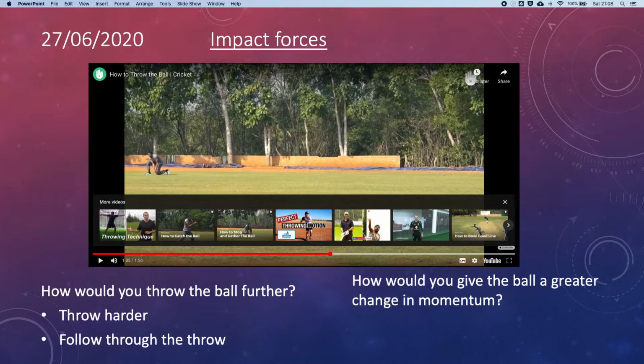Well, throw harder, more force, a bigger force. Assuming that the cricketer throws it with as much force as he can manage, then we've only got a limited number of other ways to increase the range of that ball. So, for instance, more contact time.